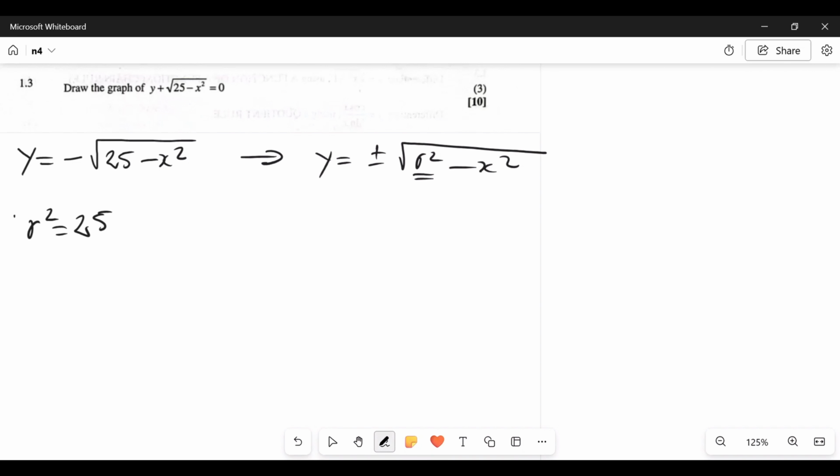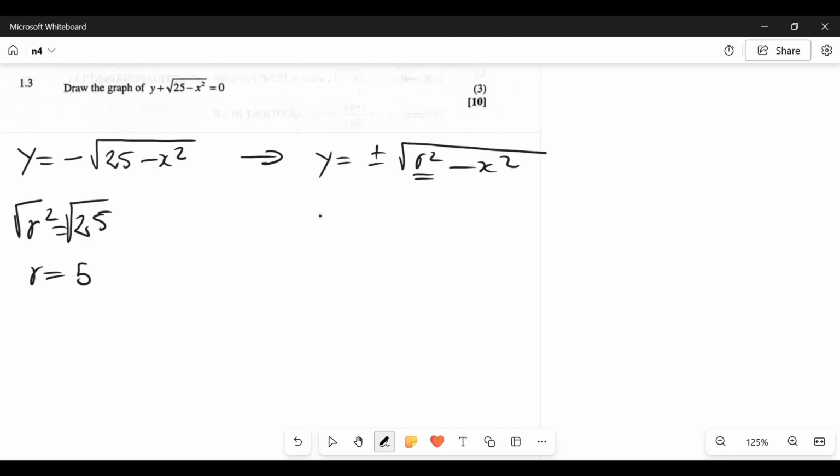So in order for us to find r, which is the radius, it's going to give us r equals 5, because we have to root both sides. So our graph is going to cut at positive 5 and negative 5 on the x-axis. As for the y-axis, it is only going to cut on the negative side of y.